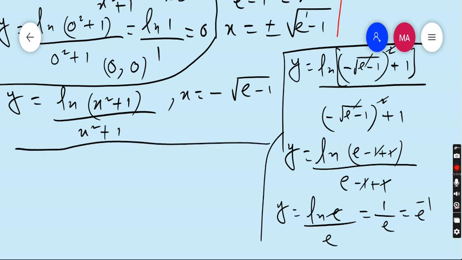Hence the second stationary point is (minus root of (e minus 1), e⁻¹).